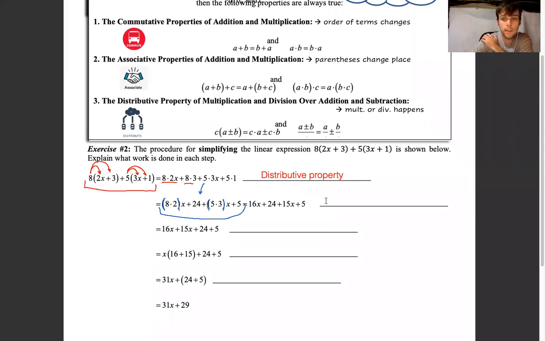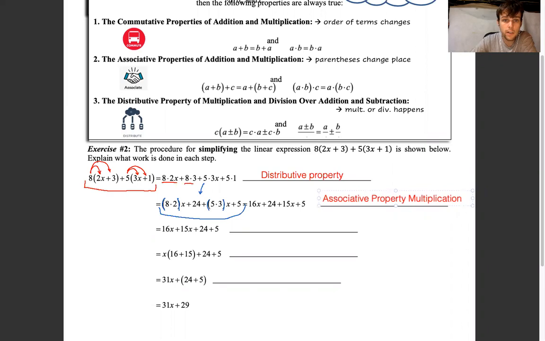So that's what we're going to put in here. Technically, it's the associative property of multiplication, because what's happening here is we're changing the grouping of our multiplication. It wasn't changing addition there.